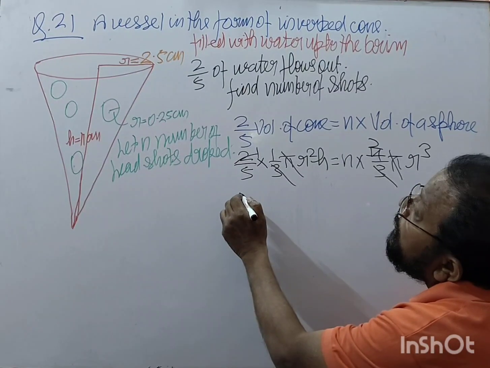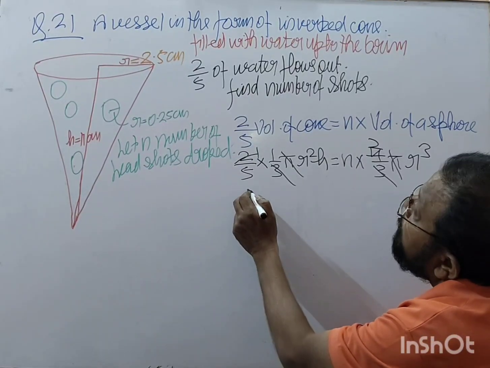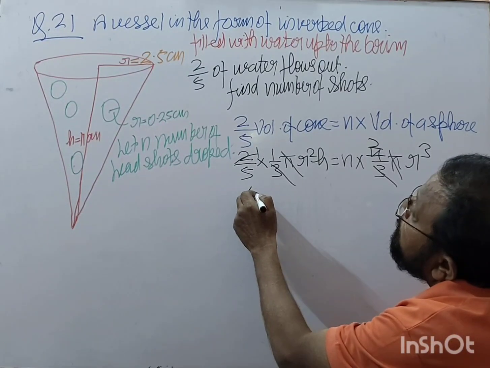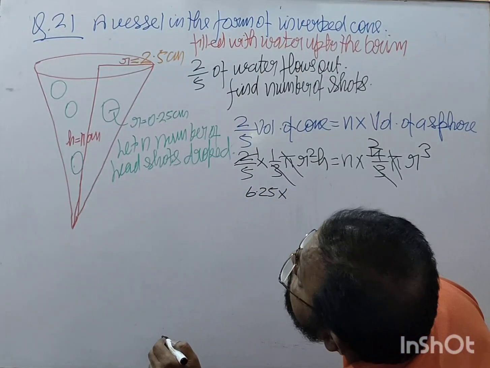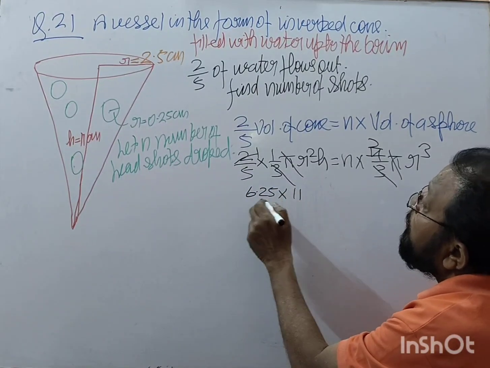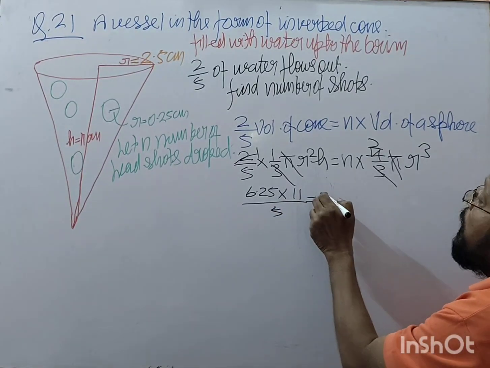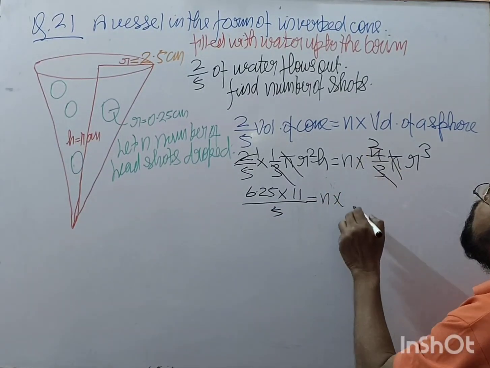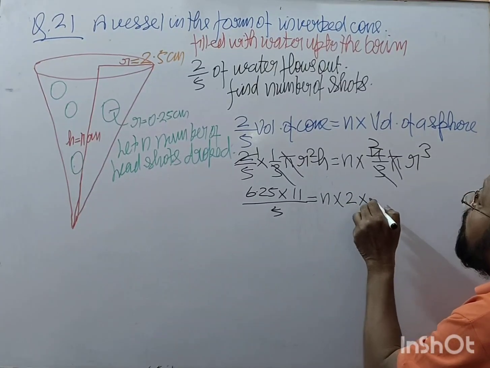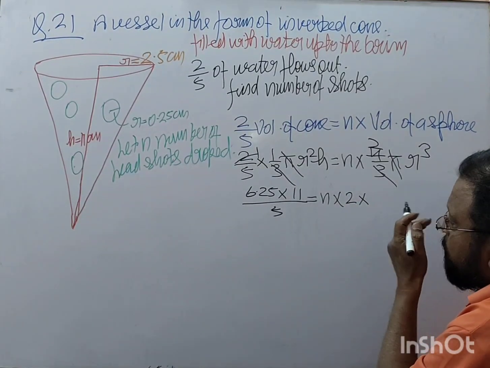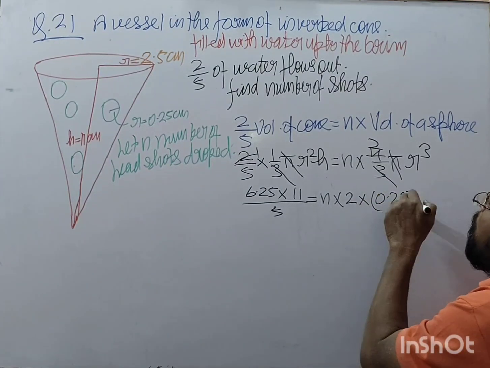R square, R is 2.5, becomes 6.25 into height 11 by 5 is equal to n into 2 into r cube, 0.25 whole cube.